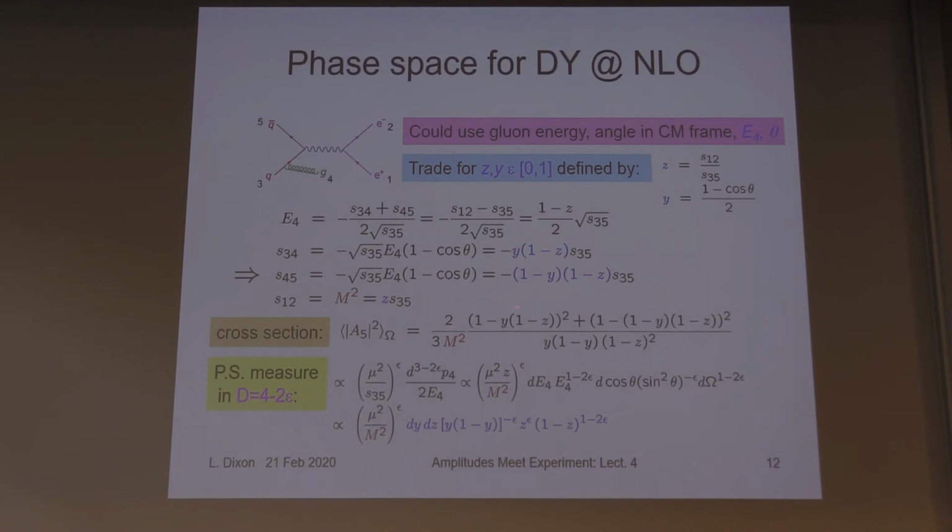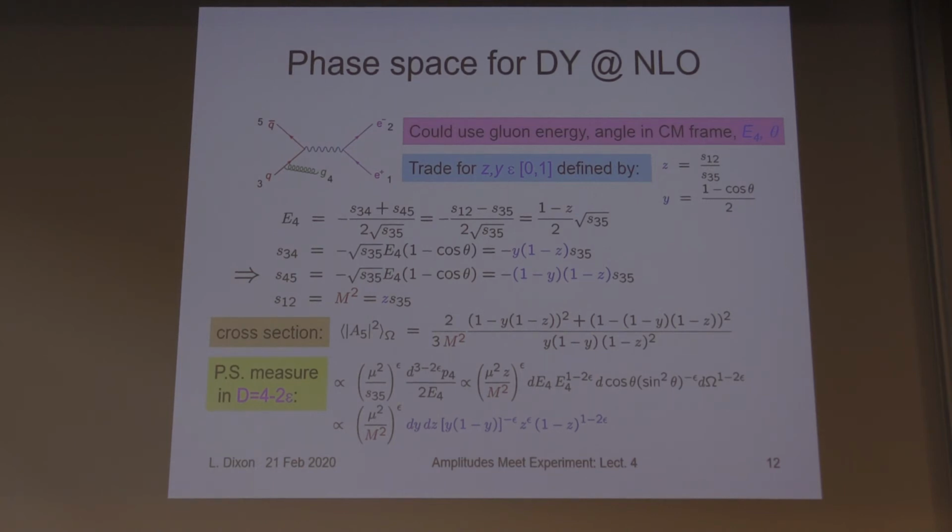So you get this quantity squared, and then you get a similar factor involving 1 minus y for the other half of the formula. So we just have this function and similar things for the denominator factors. So you just get this dependence on y and z. There's also a phase space measure, which is flat in d cosine theta, and it has a particular dependence on the energy of the gluon.